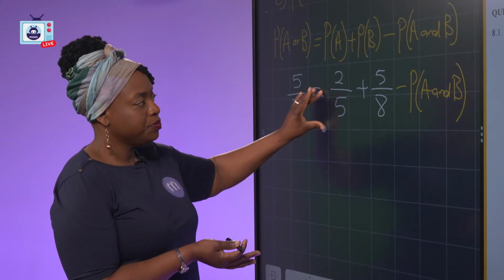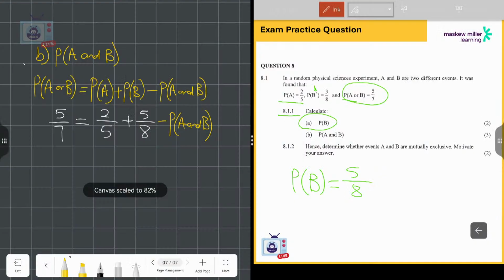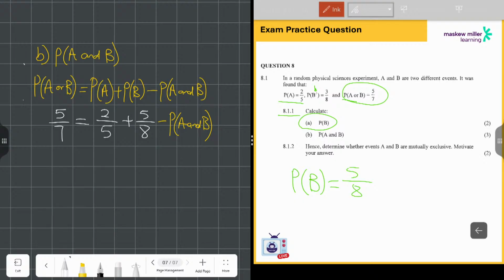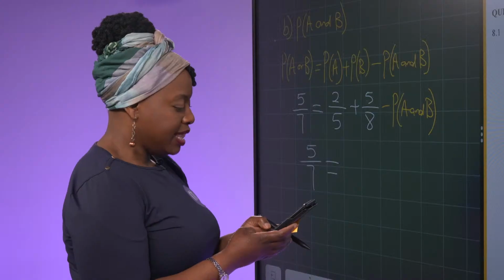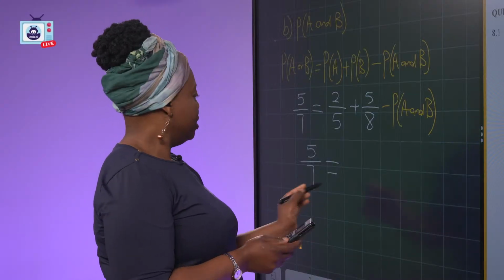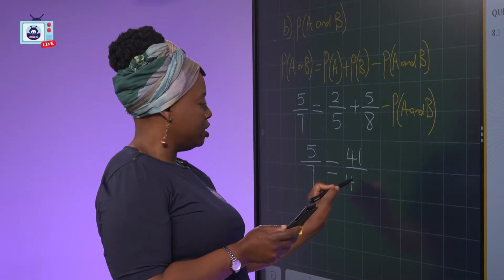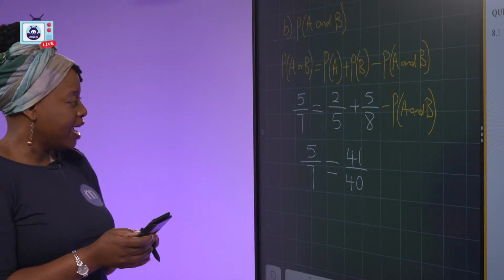So let's see. If I use my calculator, from the other side I have 5 divided by 7 equals 2. Let's quickly do that together. We have 2 divided by 5 plus 5 divided by 8, and that gives us 41 divided by 40. Right?